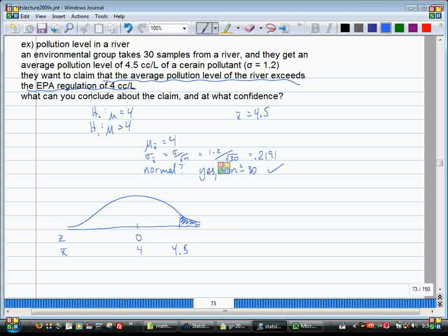So now what? Z-score. So how do we find the z-score? 4.5 minus 4 divided by our standard deviation, which is 0.2191.